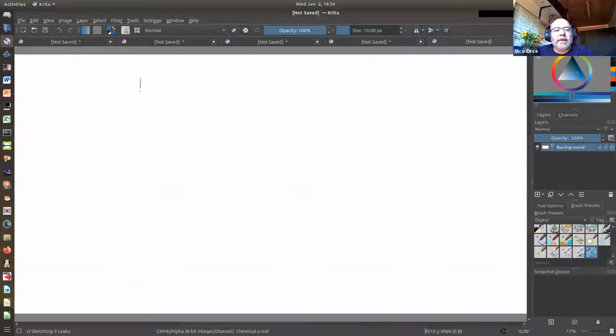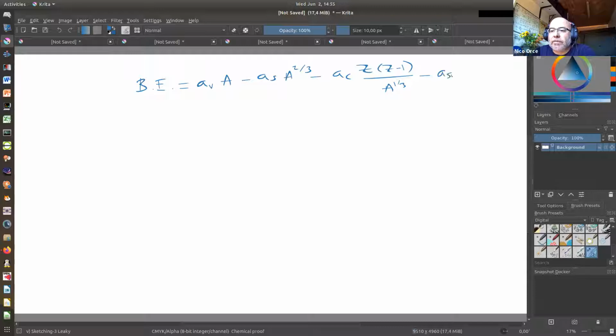So we have determined that this is a binding energy, which is normally given by the mass of the constituents minus the mass of the nucleus, can be approximated by a volume term minus a surface term, so A to the 2/3, minus a Coulomb term, which we have set as minus 1 over A to the 1/3, minus a symmetry energy term, which is equal to (N minus Z) squared over A.